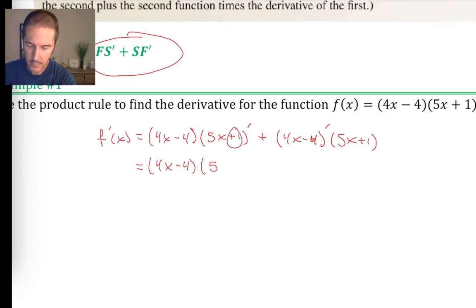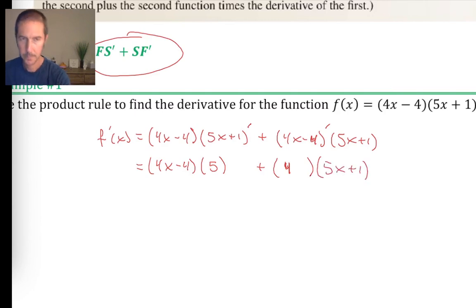The derivative of a constant value is 0 because it's a horizontal line with a slope of 0 all the way across, plus the derivative of the 4x minus 4 is 4 minus 0 effectively because the derivative of that constant value is 0. So that is just a 4 times the second factor of 5x plus 1.